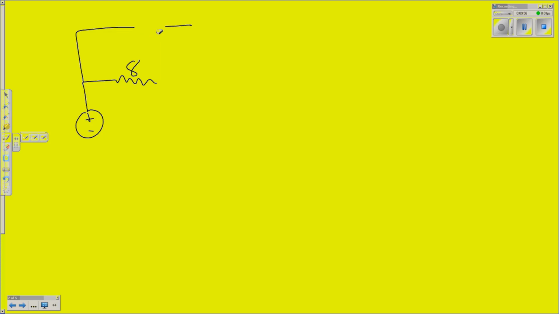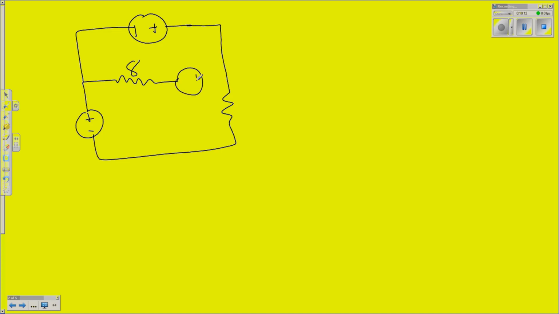A voltage source, plus minus, a 4 ohm resistor here. Have one more voltage source here. Our 2 ohm resistor in the middle. Now, let's just use their nominal values. So we've got our 12 here. This will just be a 10 volt source. And here we'll just have our 6 volt source.